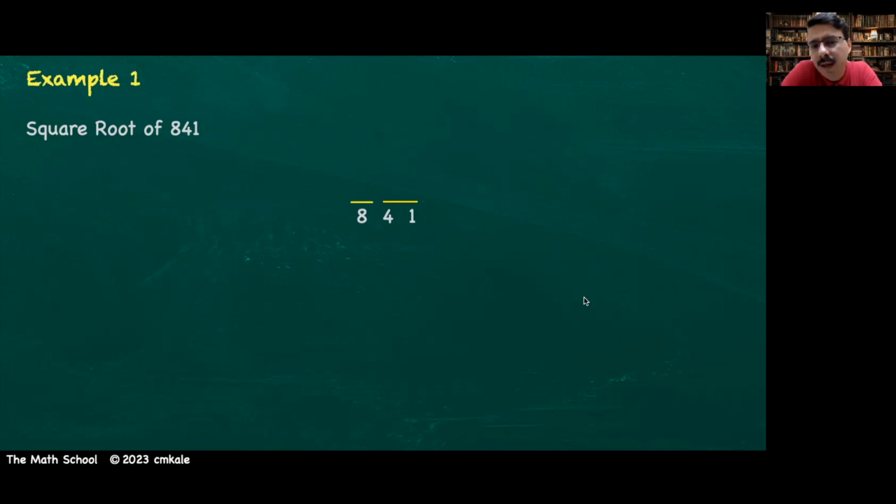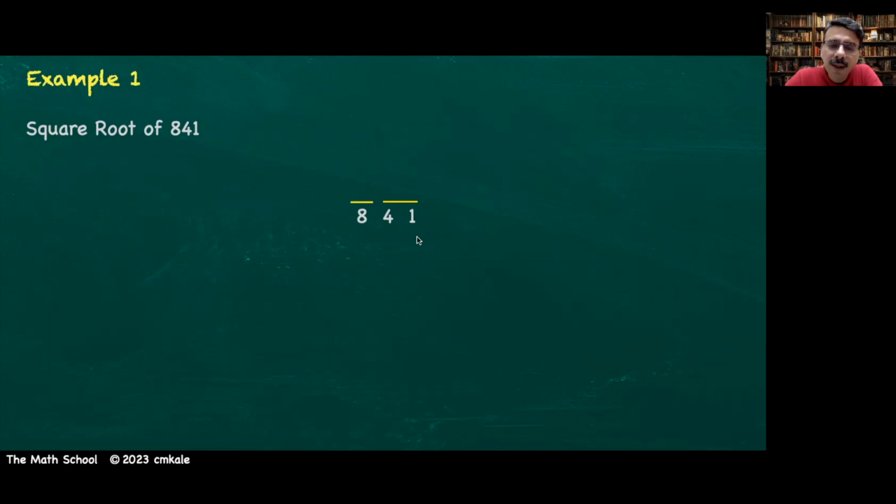Now, before we start the long division method, reflect on the observation lesson and figure out from this number what we can observe and how we can guess what the solution of this problem could be. Let us see. We can observe that the units digit is 1.